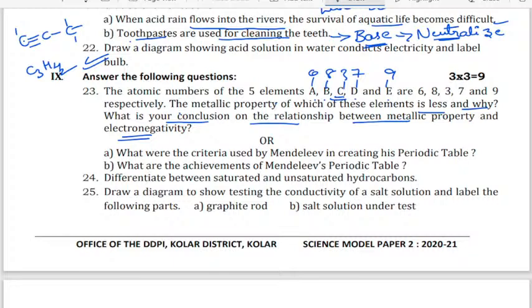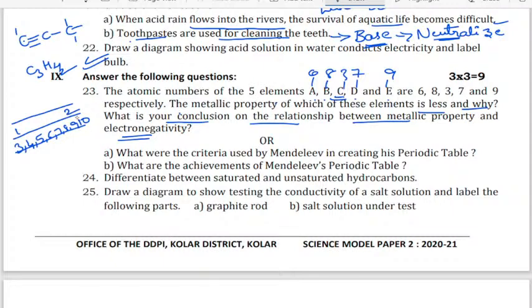These elements come in the second period. Let's write periods. The first element and second element are present in the first period. Element number 3 to element number 10 are present in the second period. So 3, 4, 5, 6, 7, 8, 9 are present in the second period.